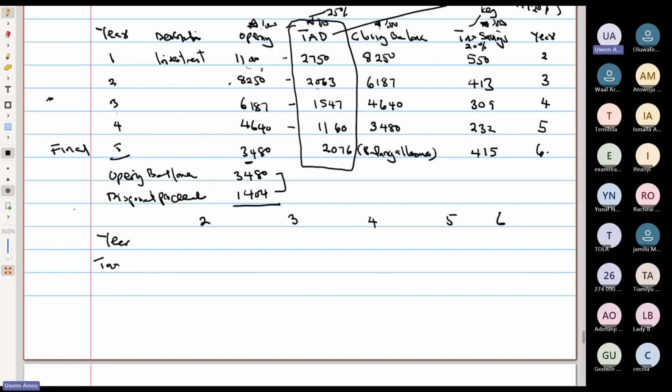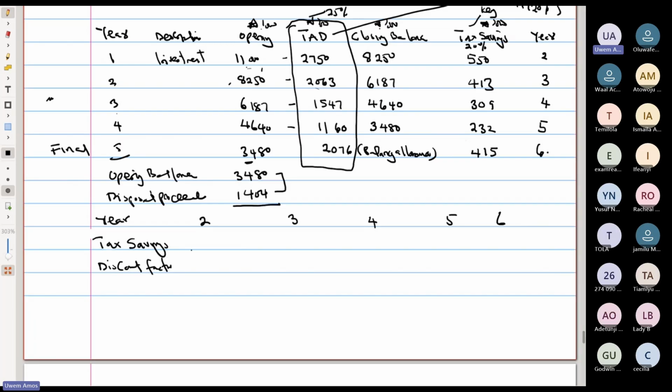And then we have our tax savings. Sorry, I should put the years up. Then you have our tax savings, and then you'd have our discount factor.